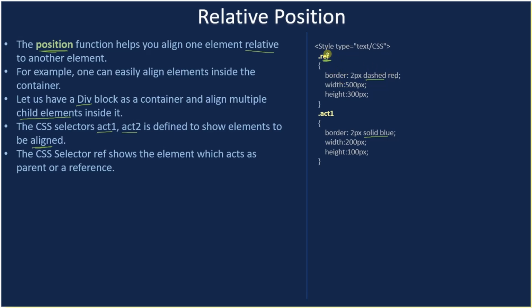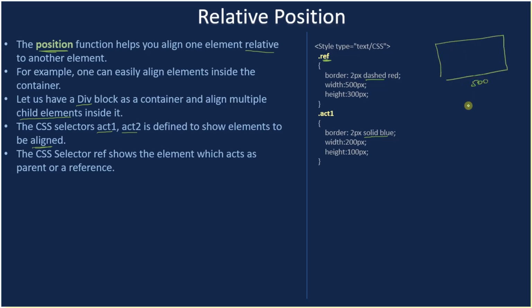We haven't applied this style rule to any HTML element yet, but for now you can see that from a CSS perspective we are defining some style rules. For act1 we are defining some border, and for ref we are defining some border and width. If you see, this has a higher width compared to the child. This is just 200 and this one is 500, right?